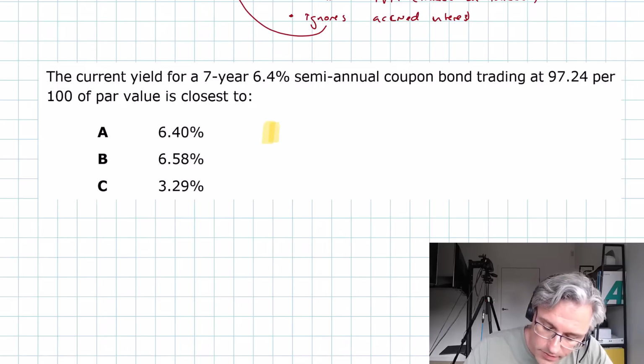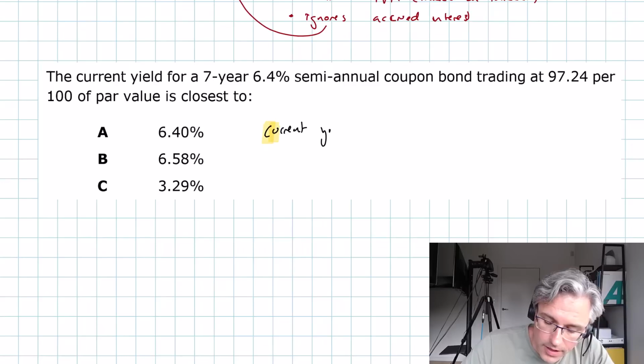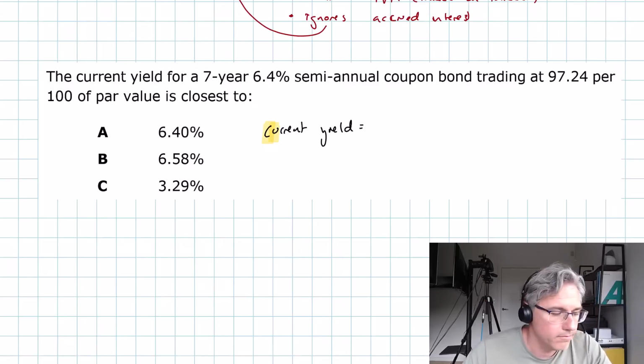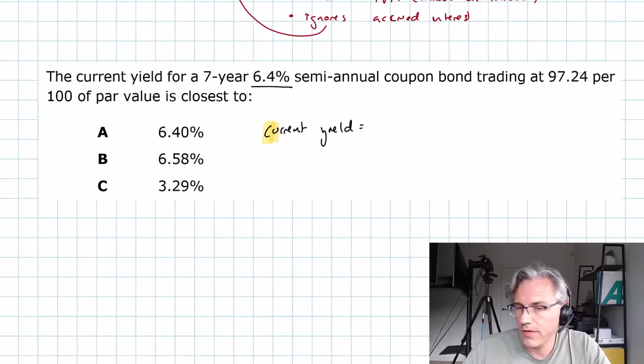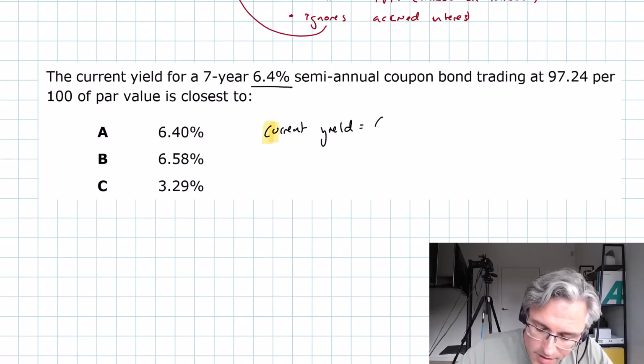Now it's going to be the current yield, and that is just taking the coupons, even though it gets paid semi-annually, it's 6.4% of 100 for the full year.